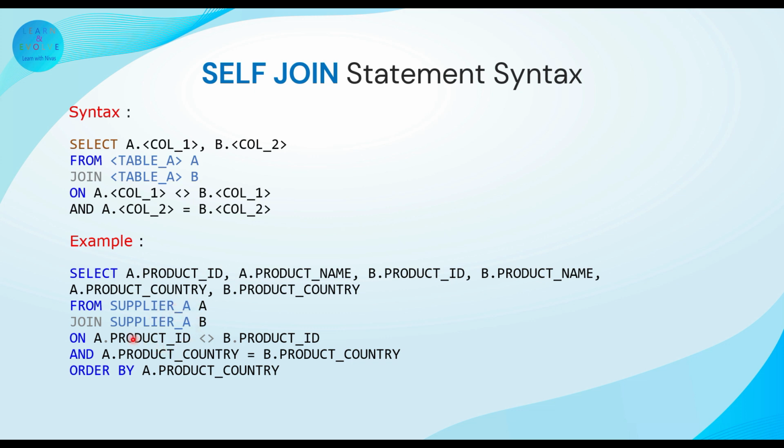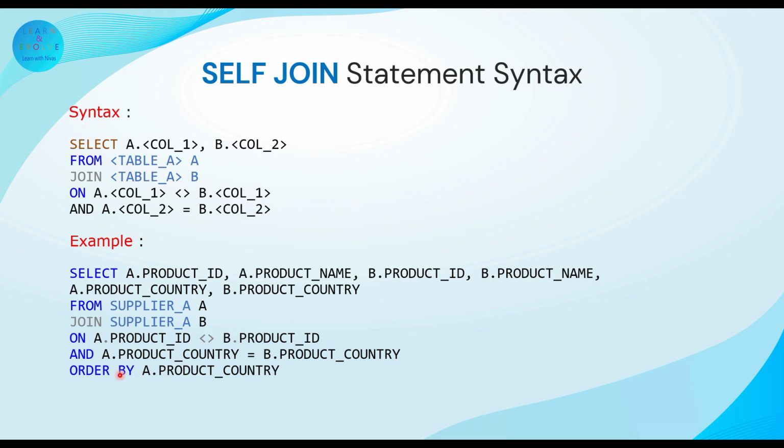It will take one single product ID and check the product ID of the same table, apart from the product ID which has been taken for the search. For each and every value it will search the entire table, leaving out the product ID being searched. Then it will see whether the other column is matching or not. If it is matching, it will print. So if there are multiple product countries, it will automatically print them here.